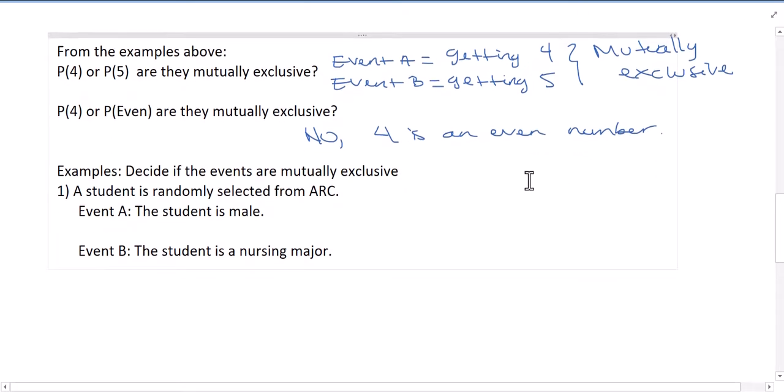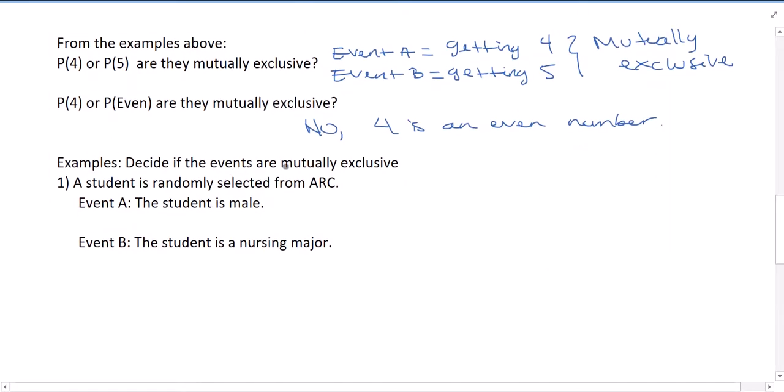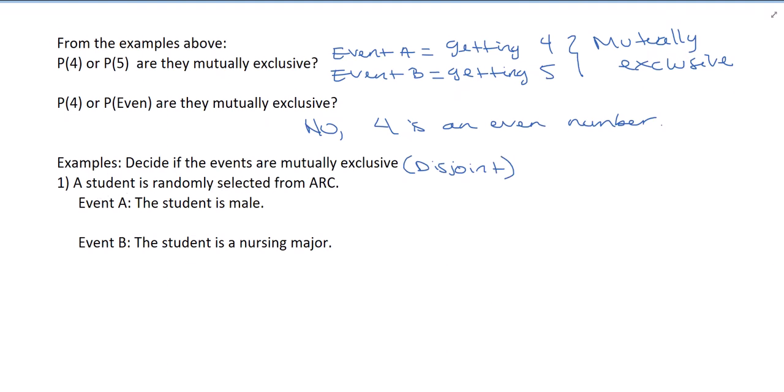Now this next set of examples, decide if the events are mutually exclusive, or the other word you'll see, disjoint. A student is randomly selected from American River College. So event A, the student is male. Event B, the student is a nursing major. So are these mutually exclusive or not mutually exclusive?